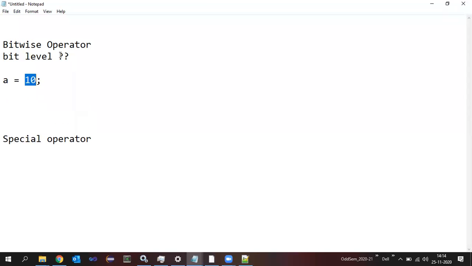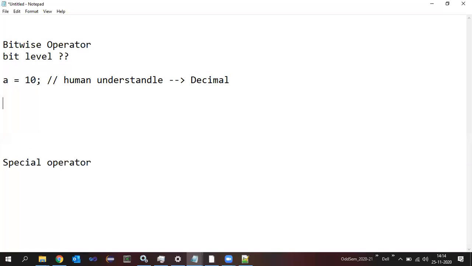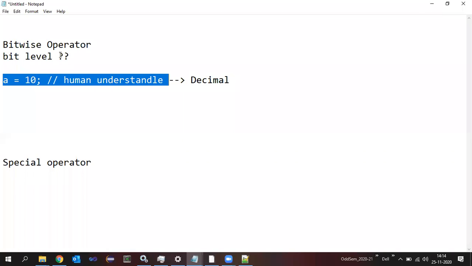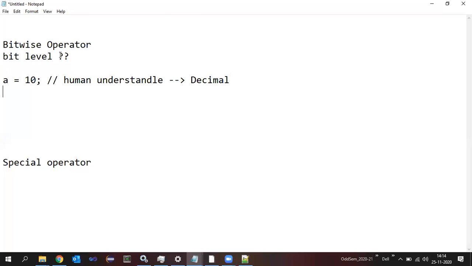It is an integer number in a human understandable format, the decimal number system. But the computer doesn't understand this decimal number system. All the data we enter into the system is converted into bits, so operations can also be performed on bit level.